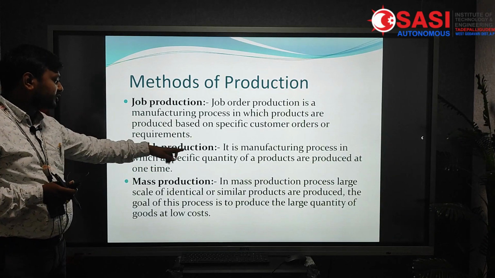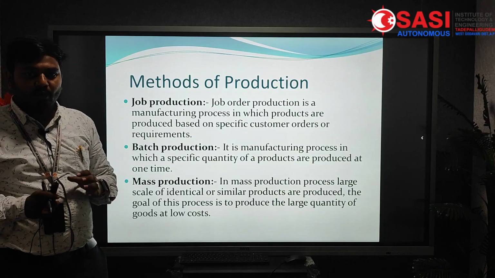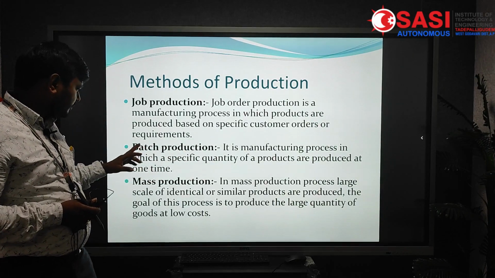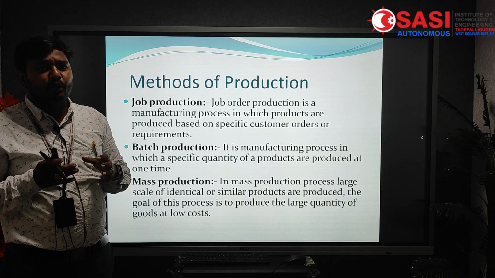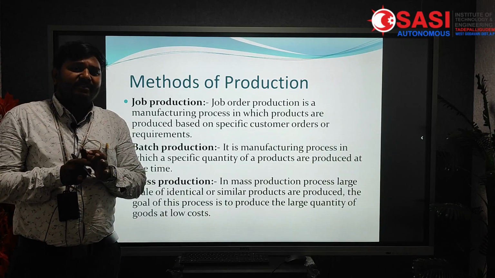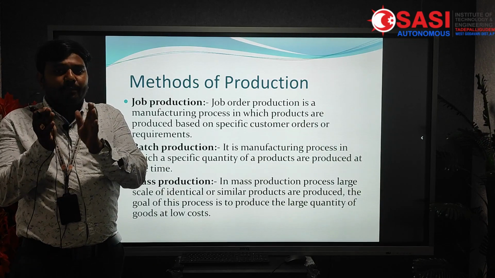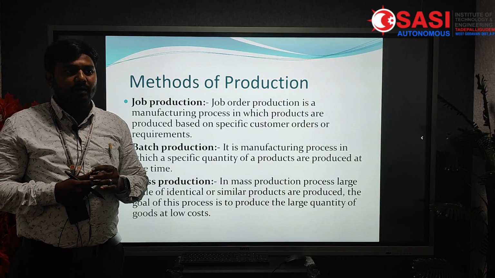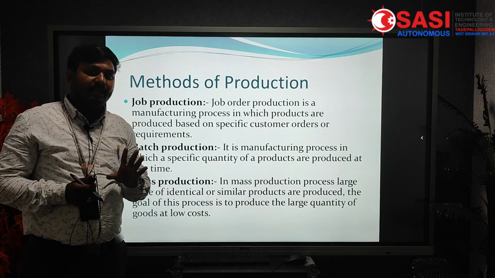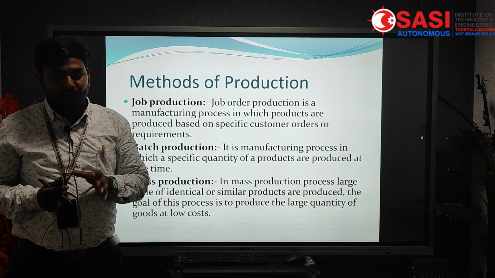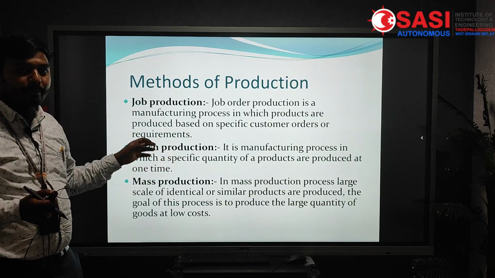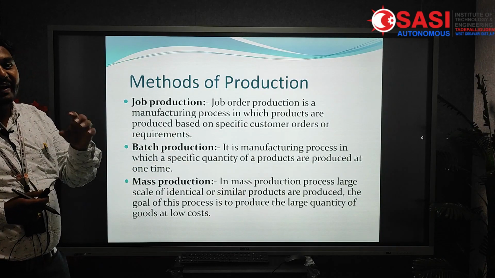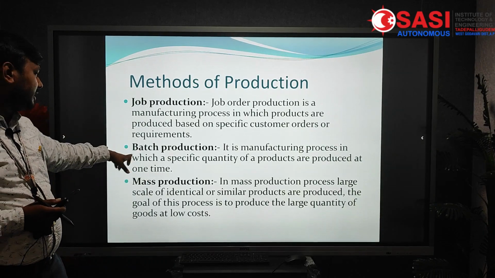And the next one is batch production. Batch production, in this process the producer will produce the goods or services at a specific amount. For example, one design of shirt may be produced in 100 units, which means it is batch production. Here a specified number of goods will be produced under batch production.